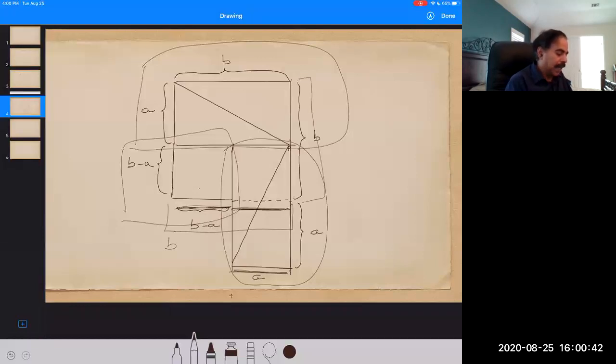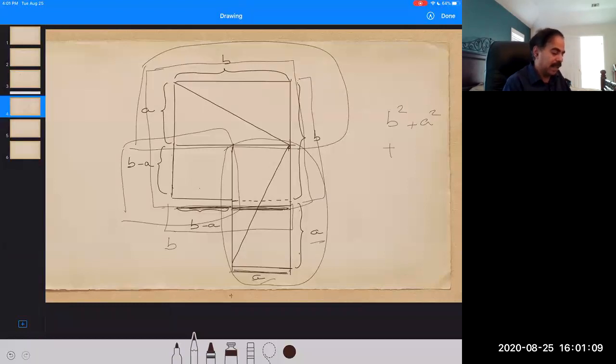So the area of that square is obviously B square, because it's a square with size B on each side. Similarly, you can see that here is an A by A square, so that is A square.